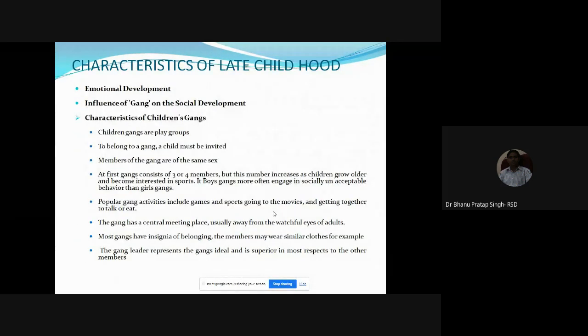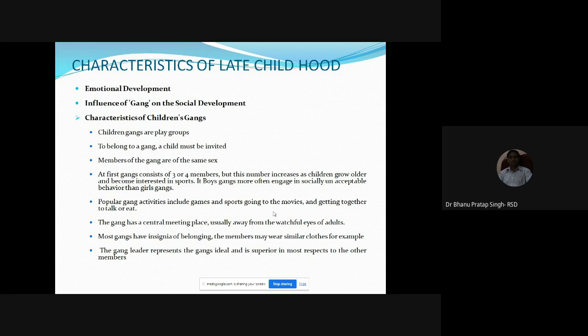Next, emotional development, which we have discussed. You know, Fun Gane was the social psychologist, and he also divided the late childhood age development in 8 ages. First is children's gangs or play groups.